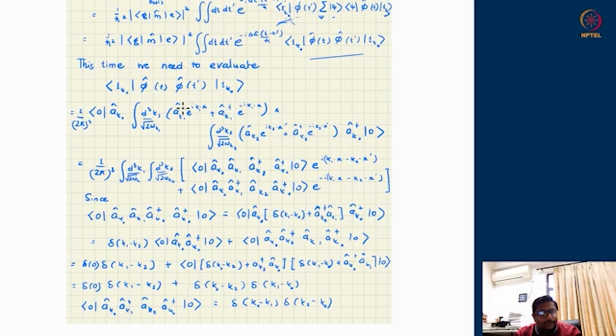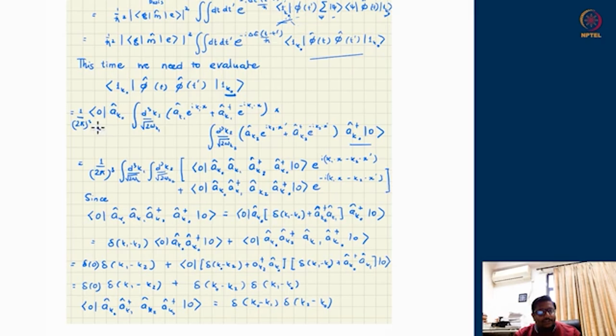So let us write down the state which is |1_k0⟩. The state |1_k0⟩ can be written as a_k0 dagger acting on the vacuum. So a_k0 dagger acting on the vacuum will become my state. Similarly, its conjugate, or the dual bra representation, will be the bra 0 acted upon by a_k0.